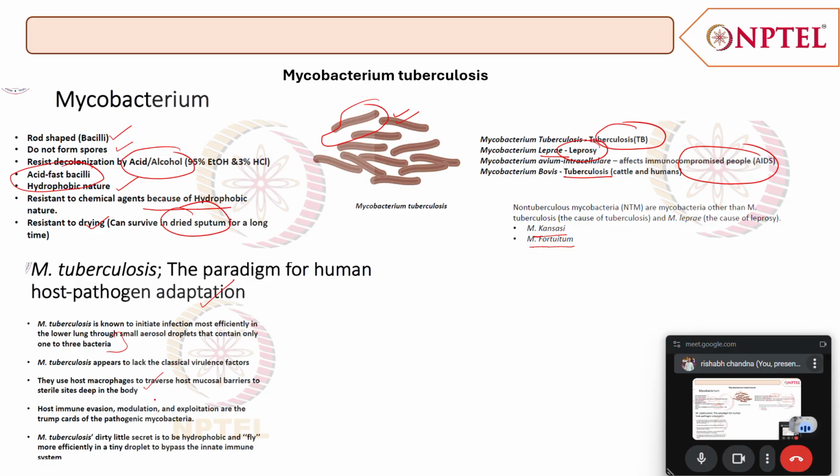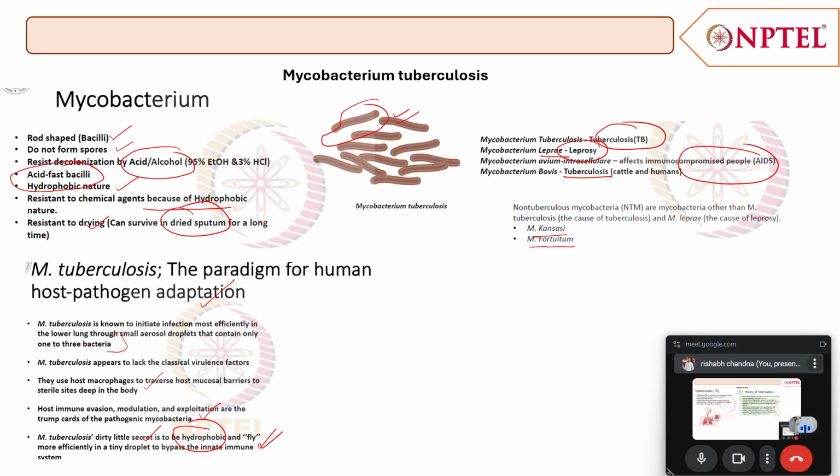Host immune evasion, modulation, and exploitation are the trump cards for the pathogen. Mycobacterium tuberculosis' dirty little secret is its hydrophobicity. They fly more efficiently in tiny droplets to bypass the innate immune system, traveling in tiny liquid drops.